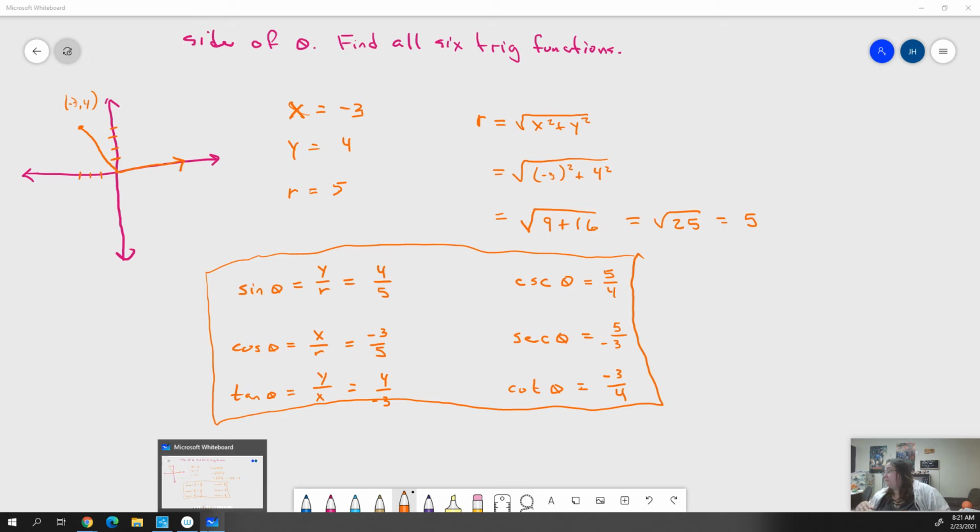We'll do one more example and then we can just let her go, because I'm not going to go into reference angles today. Because I'm tired, and that's a long explanation.